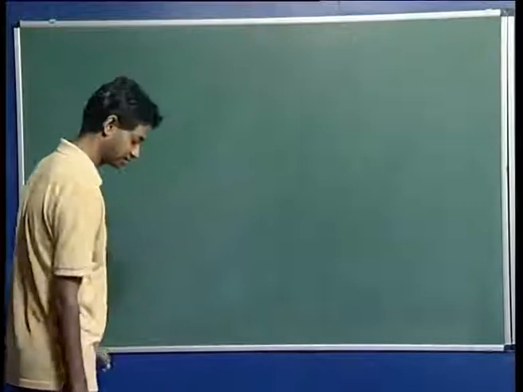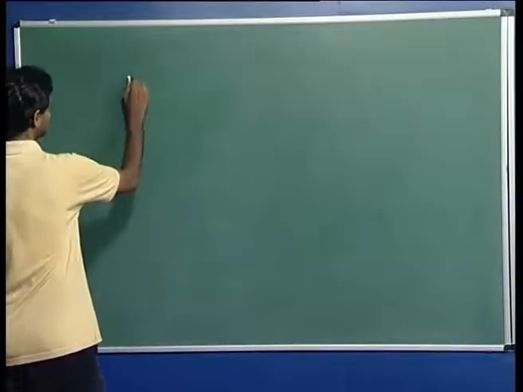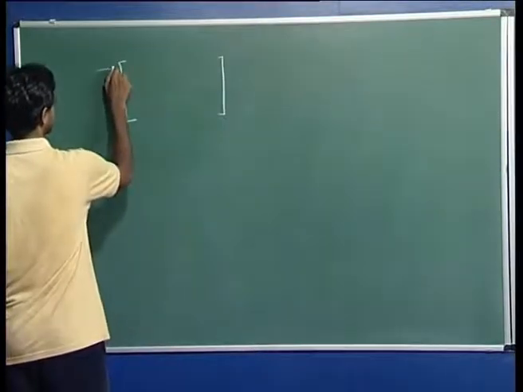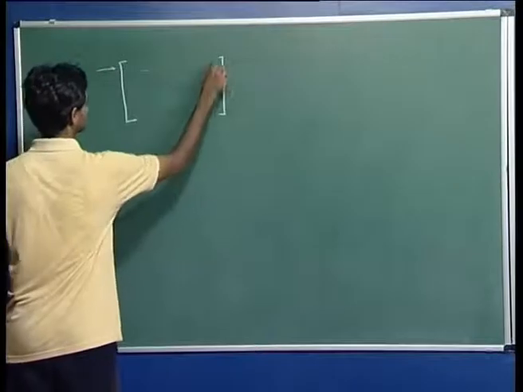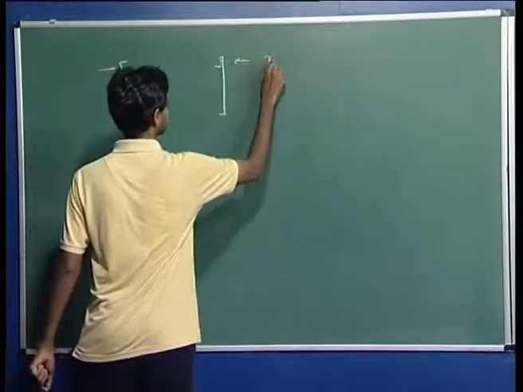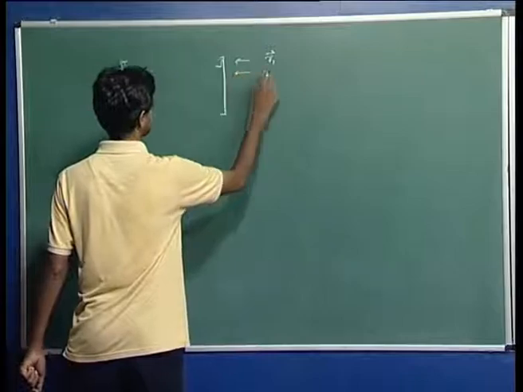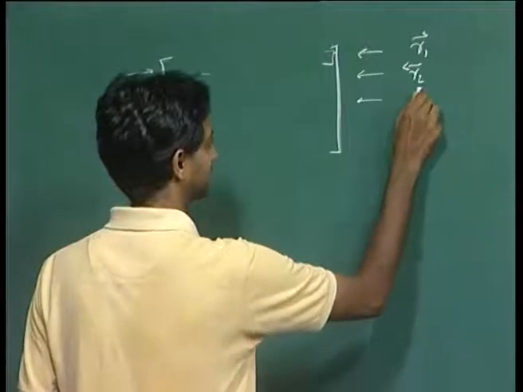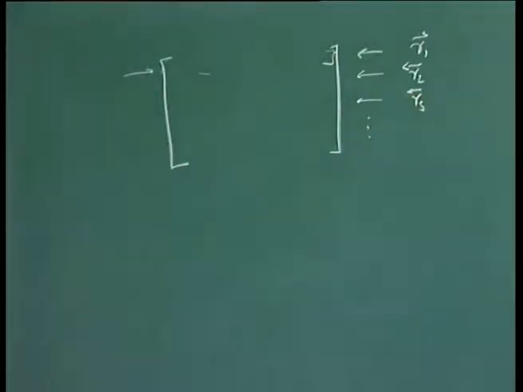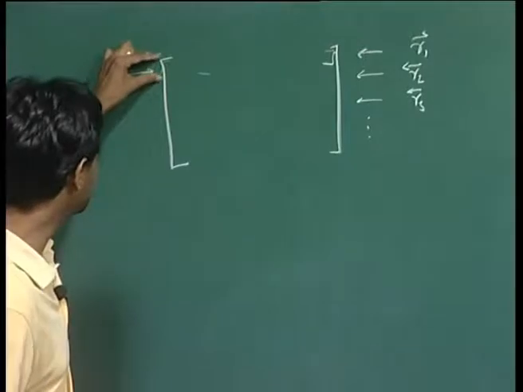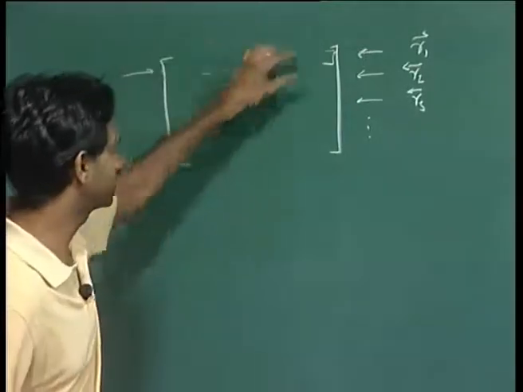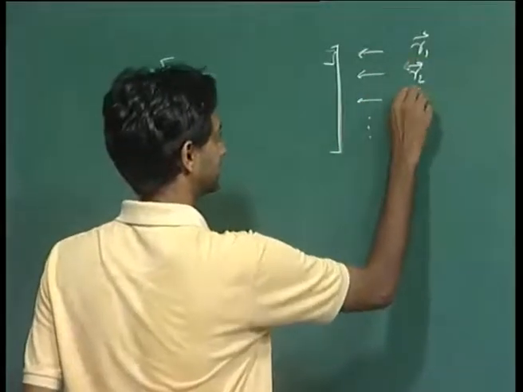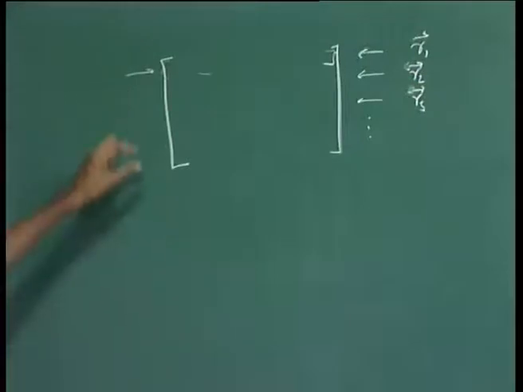So, the obvious way to determine the rank would be this: think of the elements of the first row as the R1 vector, the elements of the second row as the R2 vector, the elements of the third row as the R3 vector, and so on.